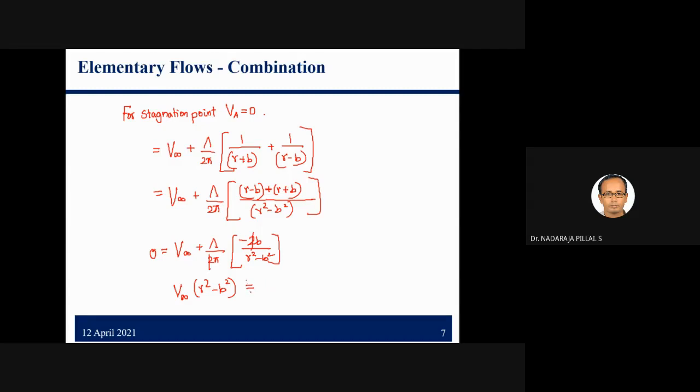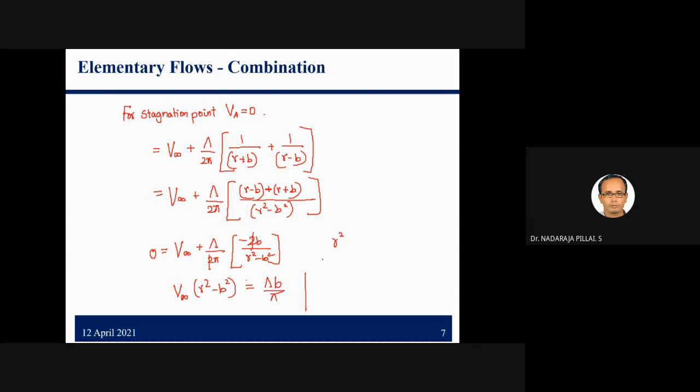So R square minus B square, finally we can write lambda B by pi, right? So we can write this further, right? So finally you can arrive at R square.